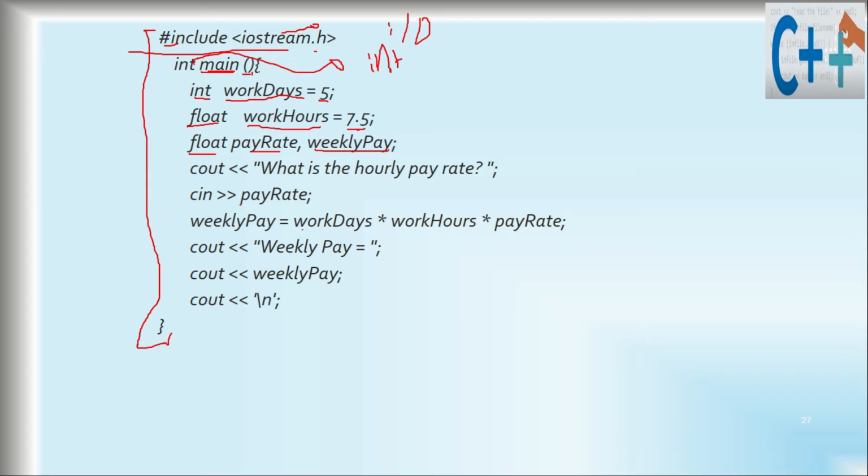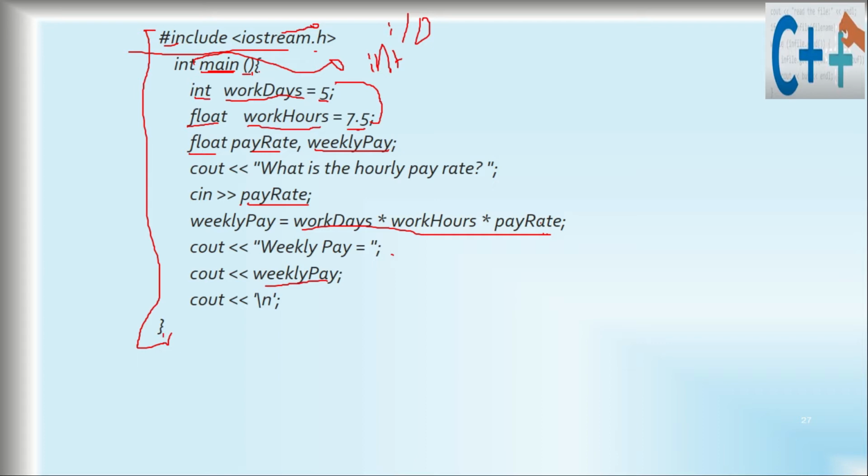Weekly pay is equal to this operation, this times this times this, because we have two constant values and we multiply by the given pay rate variable value. And cout weekly pay is equal to weekly pay, the result of this operation, then cout slash n new line and close the main function.